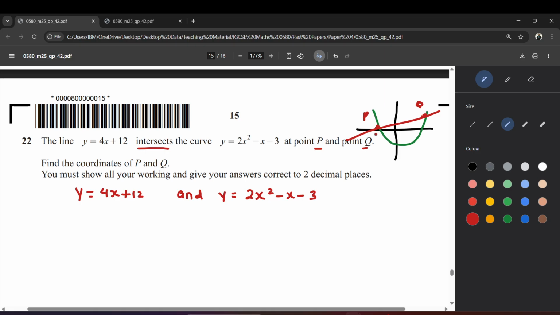Now, for each of these equations, at the point of intersection, both the curve and the line will give you the same coordinate. They will have the same y value, they will have the same x value. So that means I can equate both of them. At intersection, both the y coordinates will be the same, so I can now equate them.